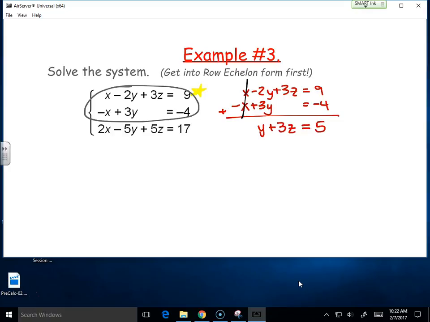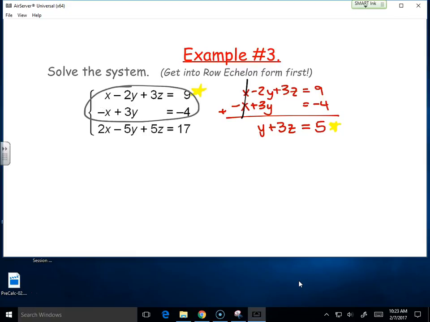Guess what? It's also a keeper. I need an equation starting with a y, but now I need an equation starting with z. Let's see how it works. Next link. Take the next two.